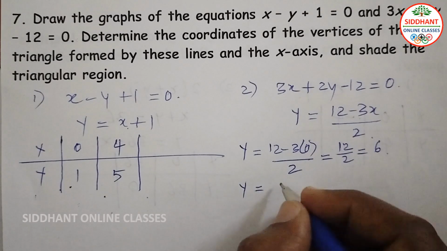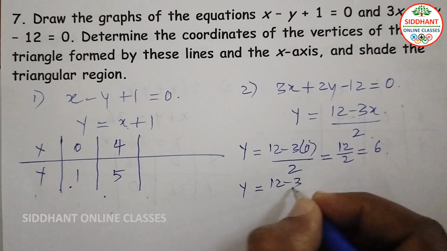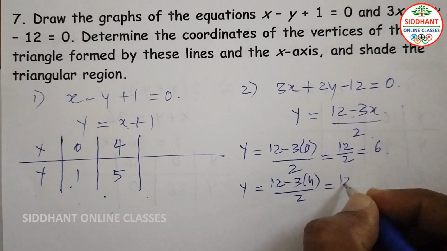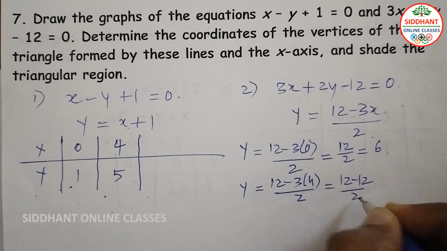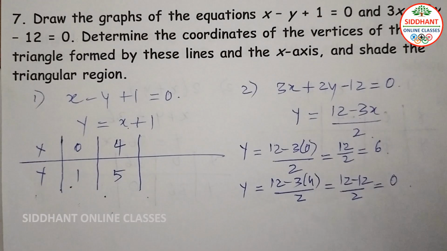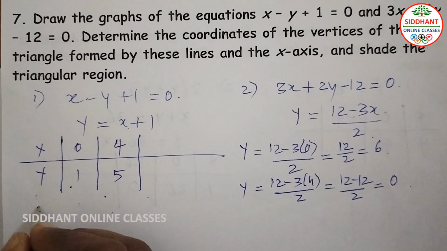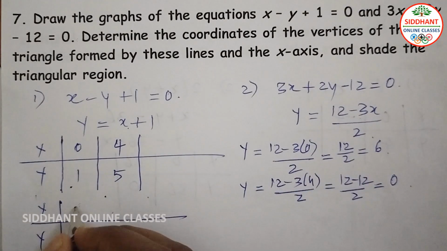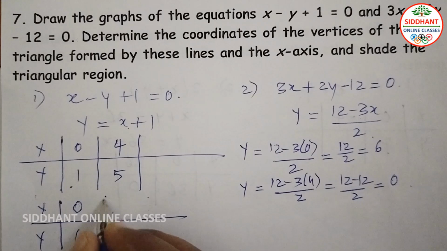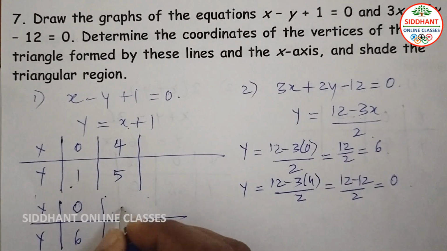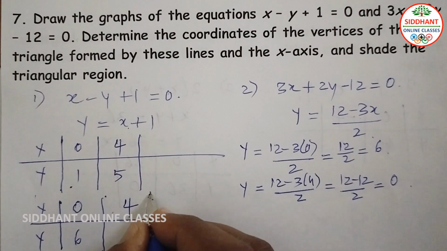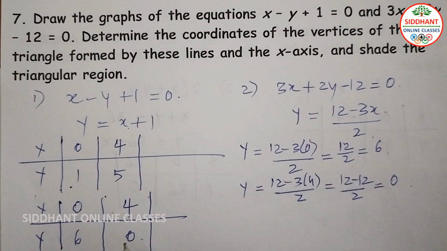When x is 4, that means 12 minus 3 into 4 by 2, that means 12 minus 12 by 2, that is equal to 0. So when x is 0, y is 6. When x is 4, y is 0. So we got the coordinates here.